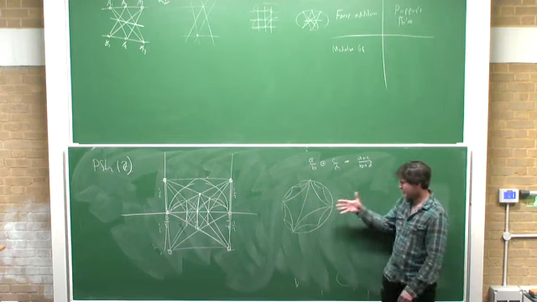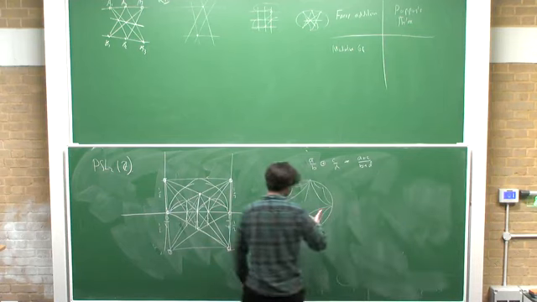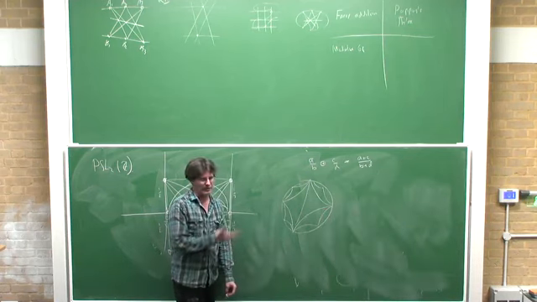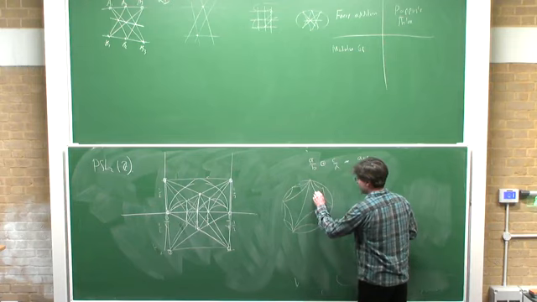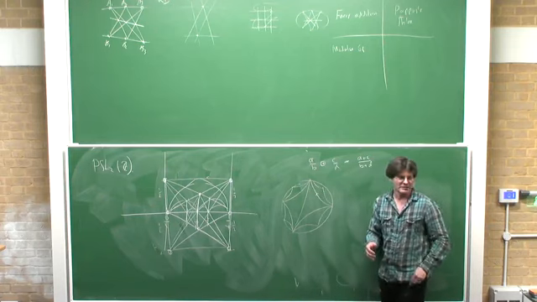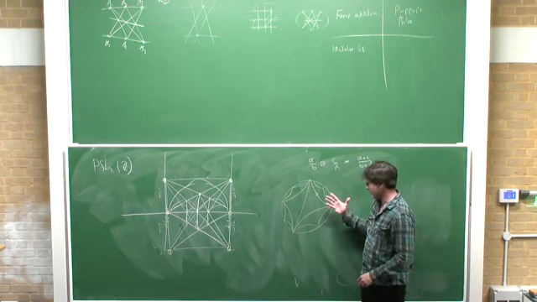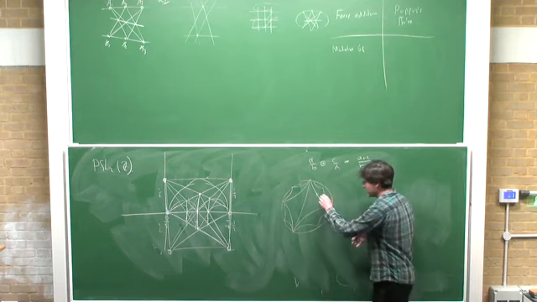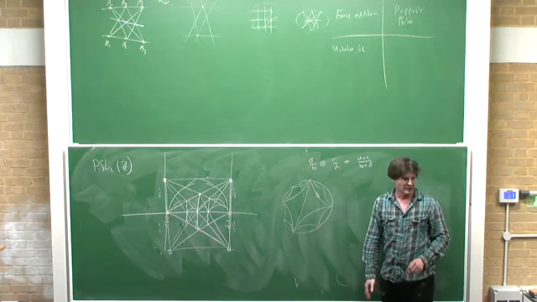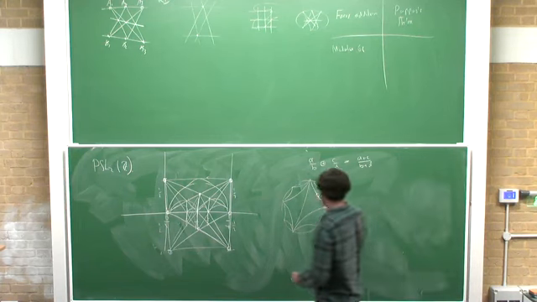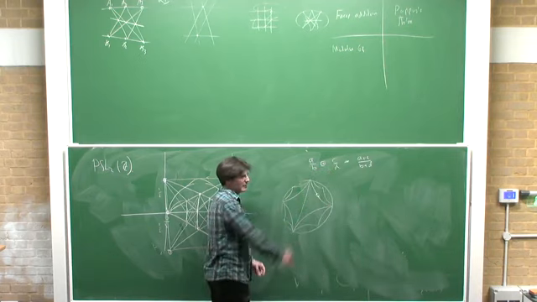I want to talk about 2 commuting modular group actions on a certain set. My set is going to be the directed edges in the Farey graph. So an element of my set is an edge of the Farey graph in some direction. For each edge, there are 2 possible directions. So I'm going to describe an action on this set.